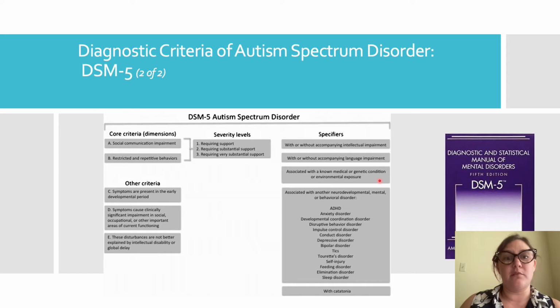So a common comorbid condition with autism is epilepsy. So you may see that come up here. Fragile X is a genetic condition that is linked to autism. You also may see Fragile X listed on someone's diagnosis if that is a known cause of their autism symptoms.